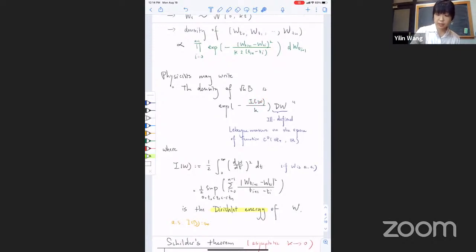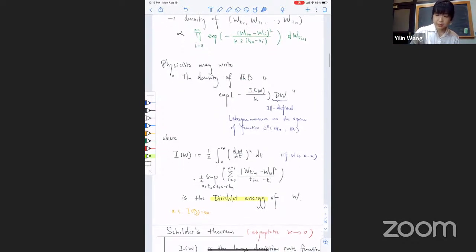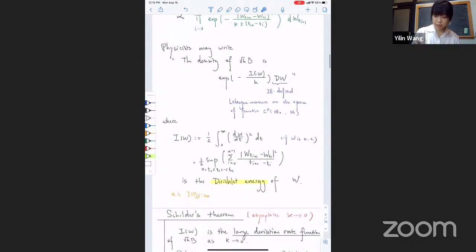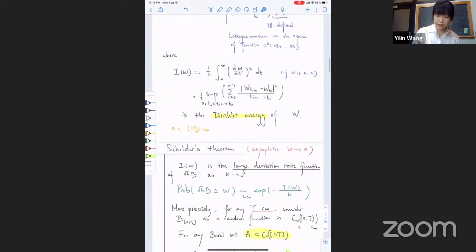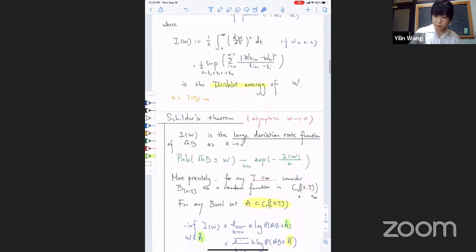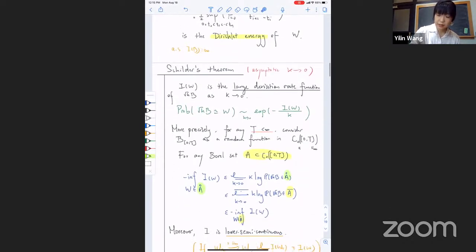And more generally, there are many ways to mathematically rigorously make sense of this action functional for infinite dimensional spaces, in the Gaussian measure on infinite dimensional spaces. So I will focus on the particular version that is called Schilder's theorem, which is describing some asymptotics when kappa goes to 0.